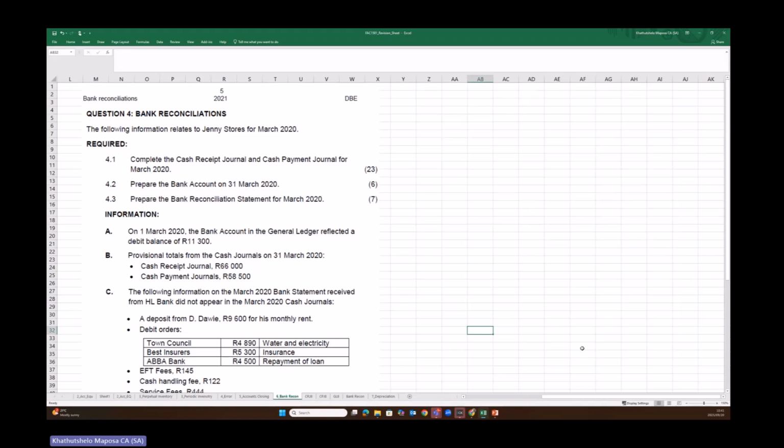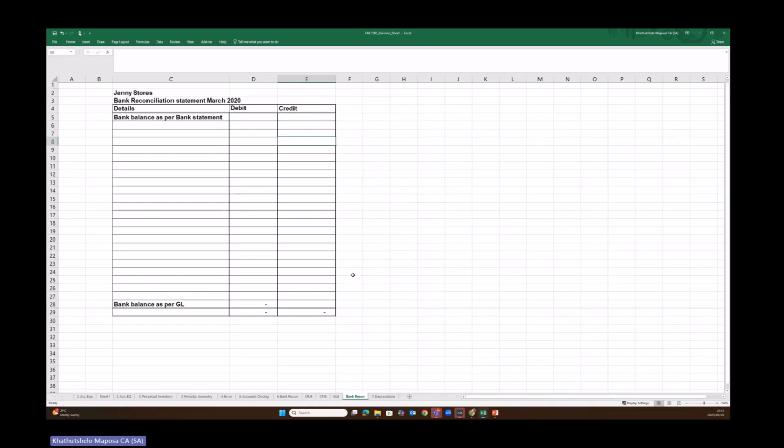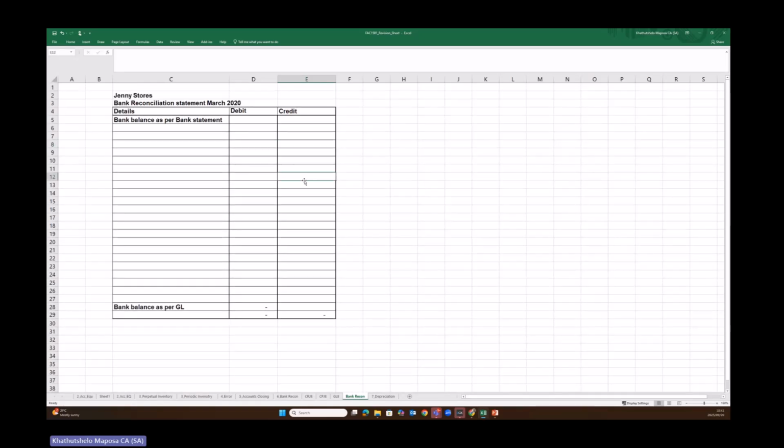And when we're recording, I'm not going to repeat cash receipts journal and cash payment, we've done so many times. When we're recording the transactions in the bank reconciliation statement, you treat this more or less like a bank statement, where there are two main aspects that must always be there.